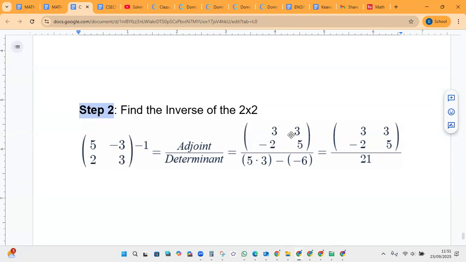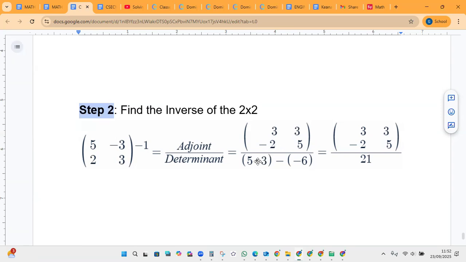And the remaining entries in the non-leading diagonal, that's -3 and 2, their positions will remain, but their signs will change. So -3 becomes +3, and +2 becomes -2.